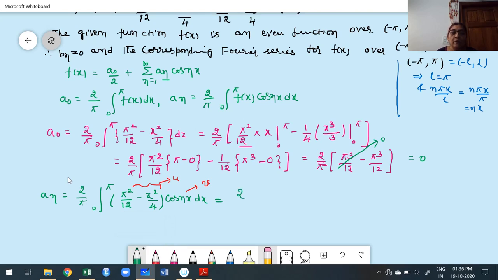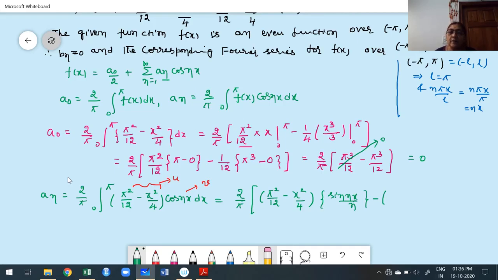From the UV rule, 2 by pi, as I already discussed in my first class. The first function u is pi square by 12 minus x square by 4 as itself, into the integration of the second function, sin nx by n, minus the derivative of the first function.